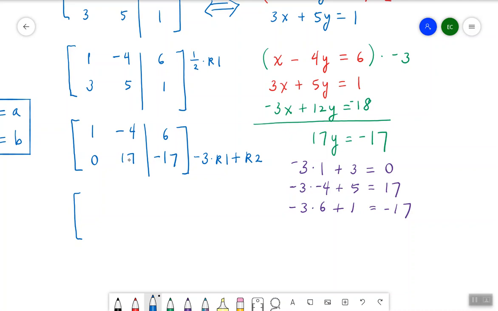Remember, we want a 1 on the diagonal and then a 0, in this case up above. We always make the 1 first and then the 0 afterward. So what we're going to do is convert the 17 to 1. Can you guess how we're going to do it?